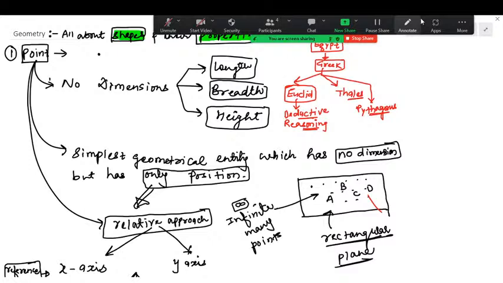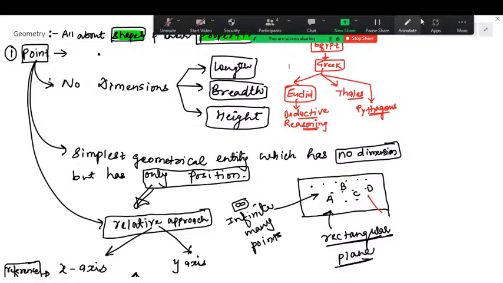Point is an entity that has no dimension. Point has no length, no breadth, no height, and it has no dimension at all.